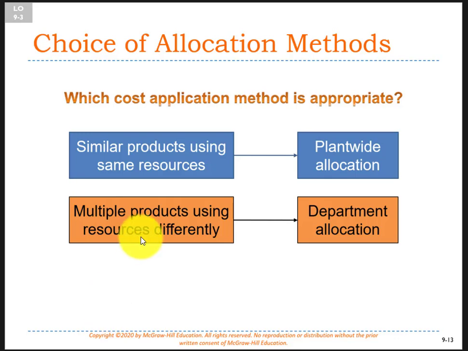But if you have a wider variety of products in terms of what resources they use, then you need to start thinking the process is a little more complex. Then you might want to break it into departments and think about what is driving those costs in each department.